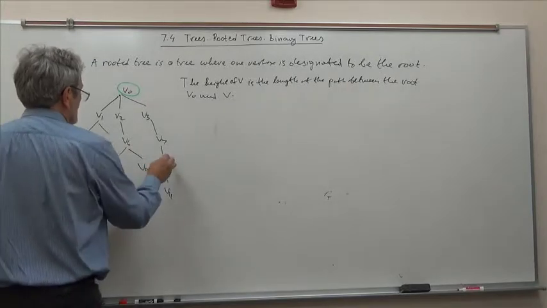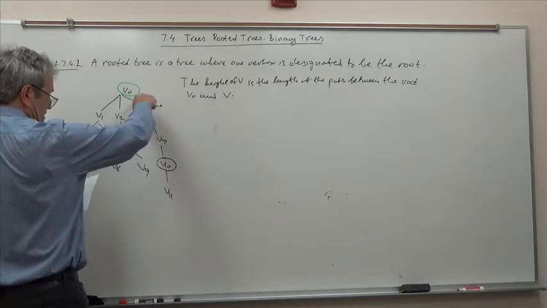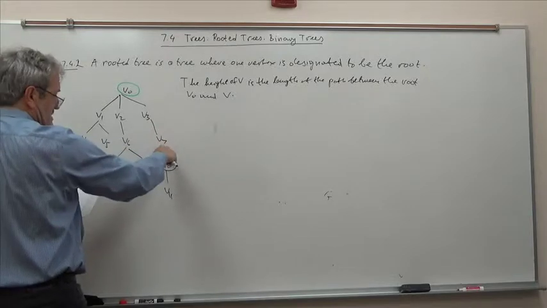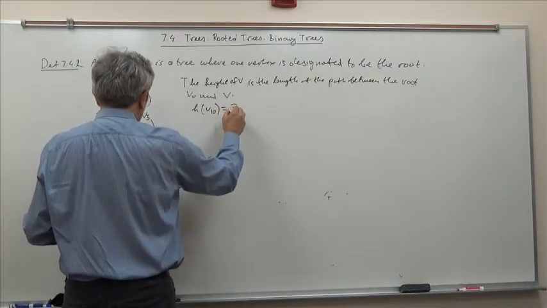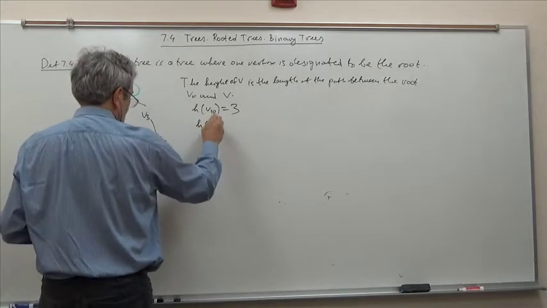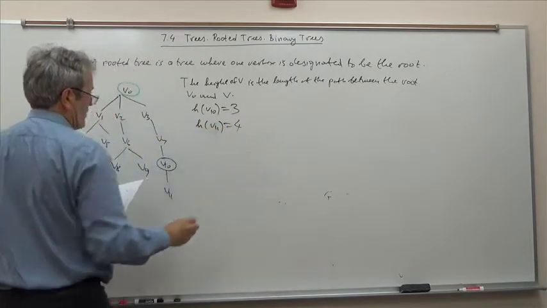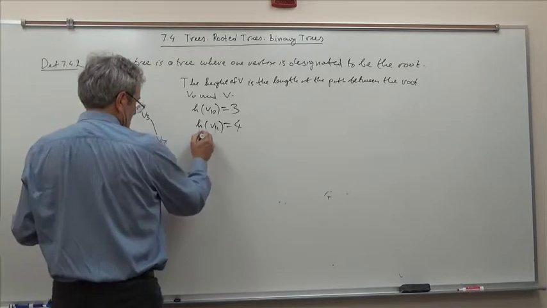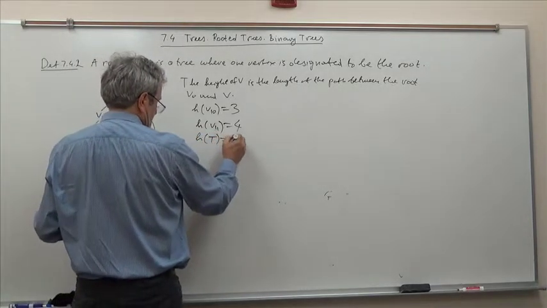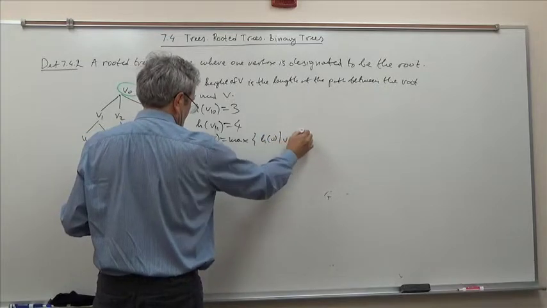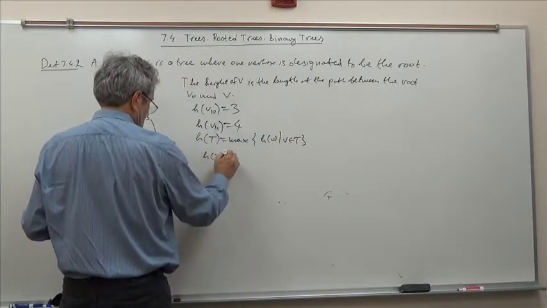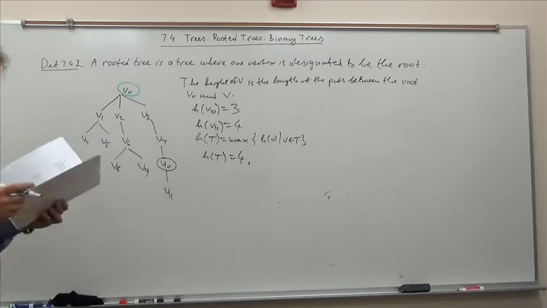So for example, for V10, what is the height? We need 1, 2, 3, so the height of V10 is 3. The height of V11 is actually 4. And then the height of the tree is the maximum of the heights of V for V in T. So in this case, h of T is 4.